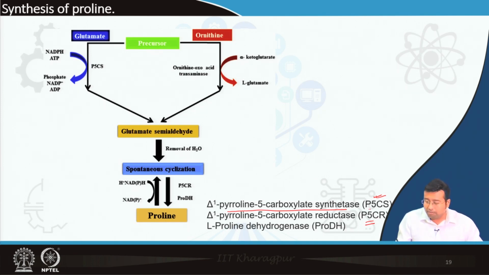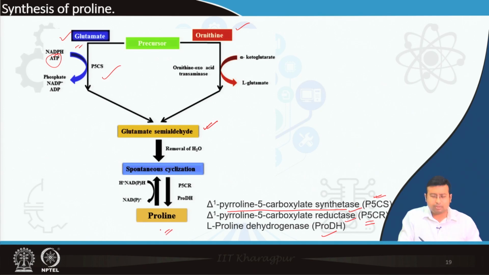By the action of ATP, reductase and dehydrogenase, they are all acting, but the only important thing for you to remember in this whole synthetic pathway is that the source of synthesis is glutamate and ornithine, the most important source being glutamate, and since ATP is used, this is a synthetase enzyme, right. A very important intermediate, glutamate semialdehyde, is formed, right, and it undergoes spontaneous cyclization to form proline.